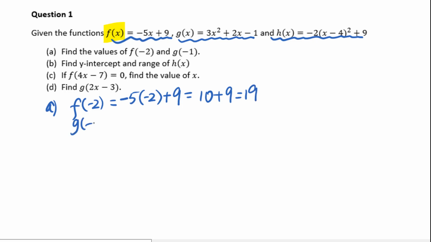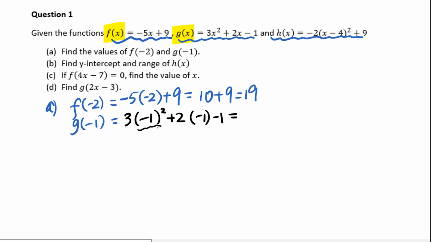G of negative 1, which means for every single x in the g function, this is a g function, will be changed into negative 1. Therefore, you have 3 times negative 1 squared plus 2 times negative 1, then minus 1.